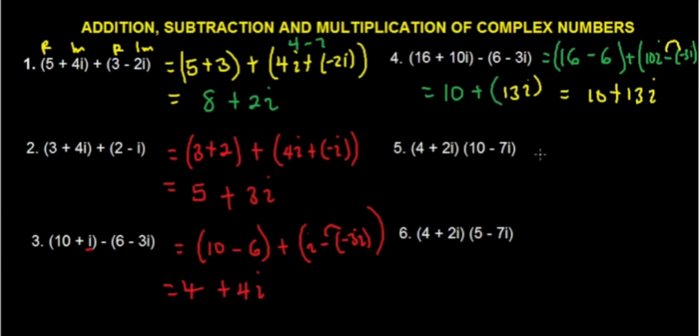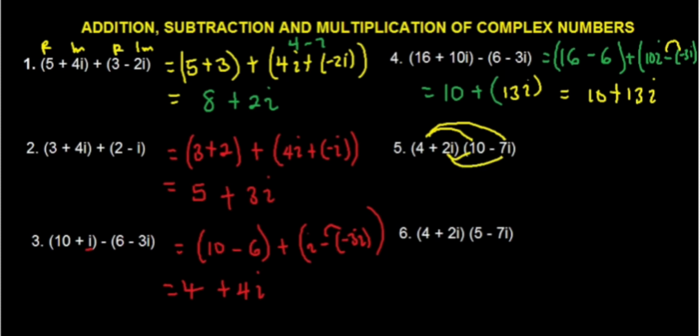Now this one is the multiplication part. What you need to do is, here you don't really need to separate real or imaginary. So what you just need to do is multiply it normally, and you apply the complex number operation that I've explained in the first video. So you say 4 times 10, 4 times this one, then you do this times this, then this times this.